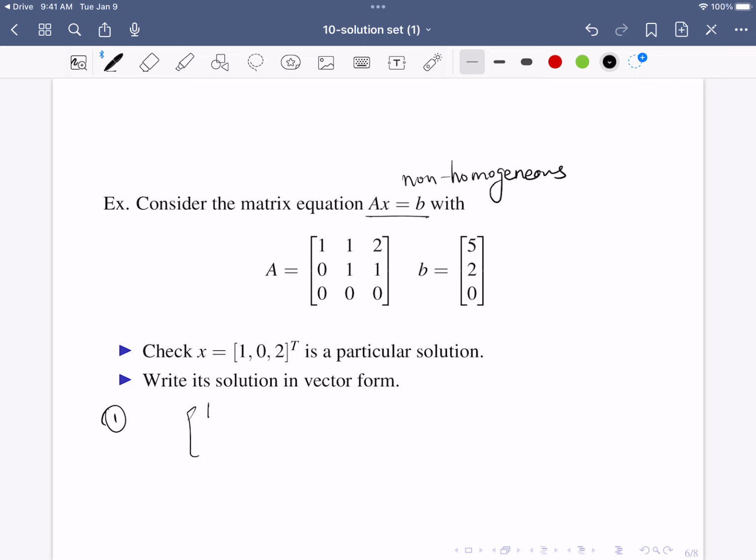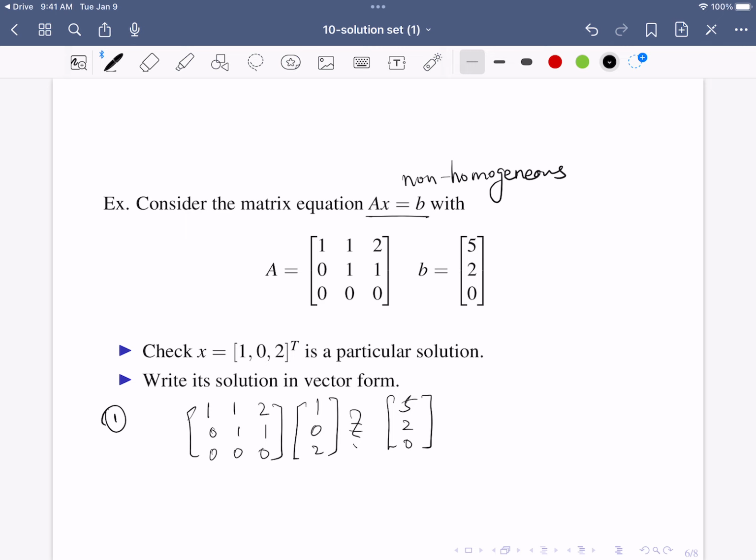So this is 1, 1, 2, 0, 1, 1, 0, 0, 0, and X is 1, 0, 2. Is this 5, 2, 0? This is just computation.